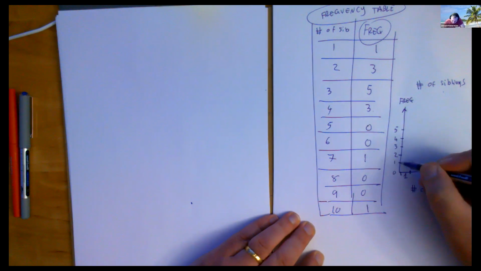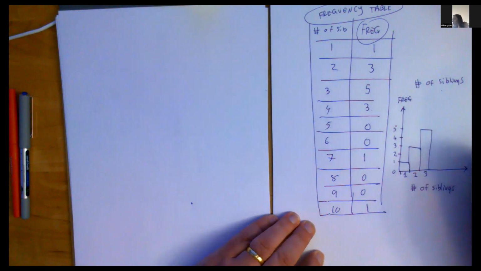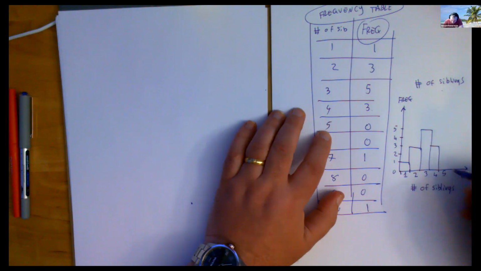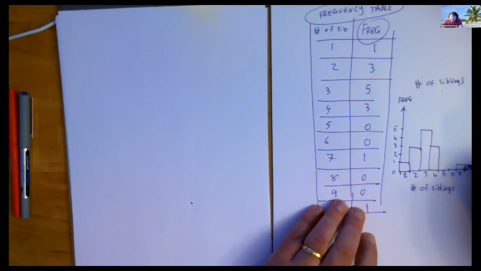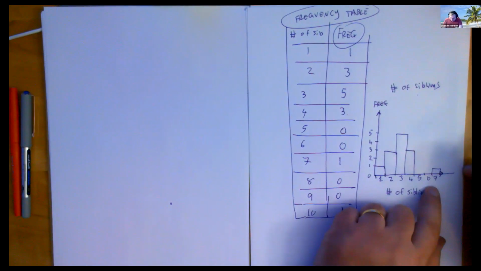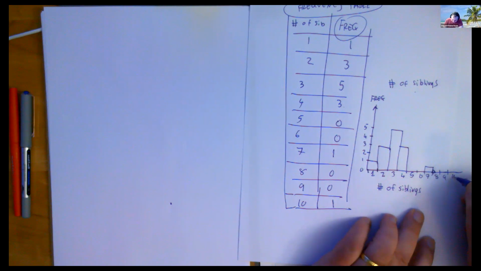So 1 got you 1, and 2 got you 3, and 3 got you 5, and 4 got you 3, and 5 got you nothing, so you don't do anything there. Then you have 6, 7, you got 1. Okay, I kind of screwed up here. Can you pretend there was more paper? Improvise. 8, nothing there. 9, nothing there, and right at the end, 10.